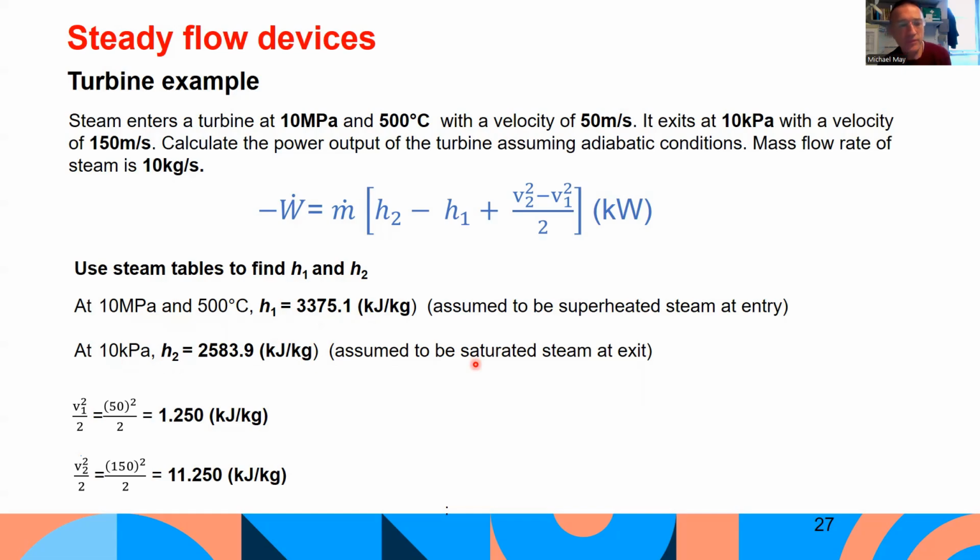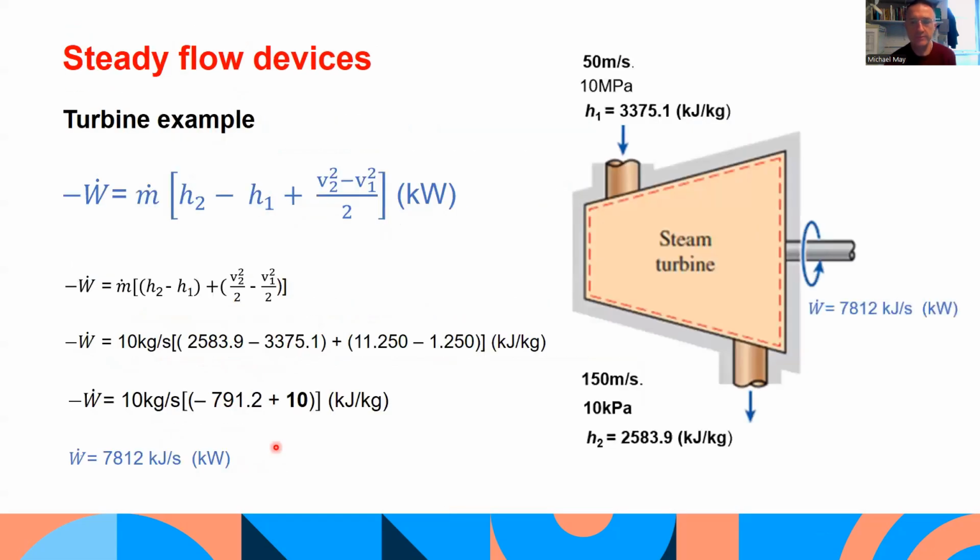So it would be Hg from the tables. And that's 2583.9 kilojoules per kilogram. And we work out our inlet and outlet velocities there. So when we add those values in there, the work produced is 7812 kilojoules per second or kilowatts.